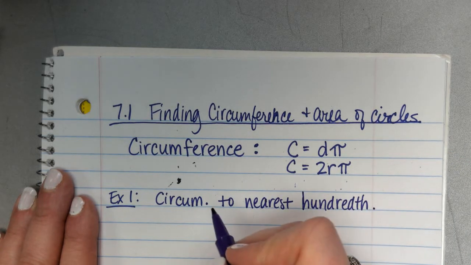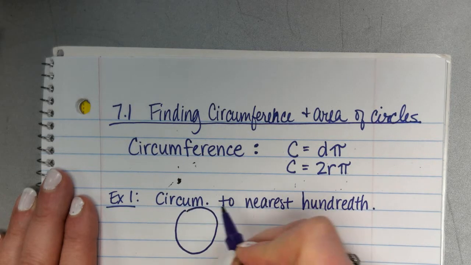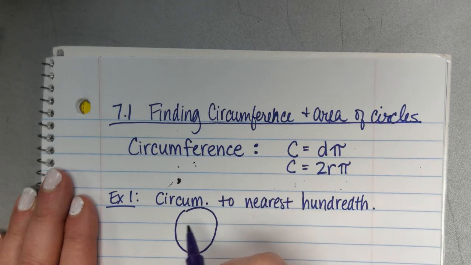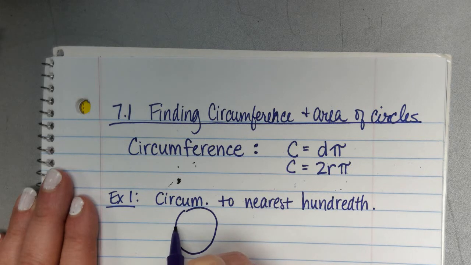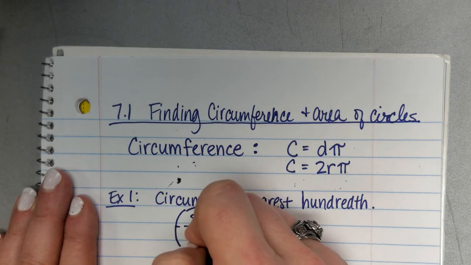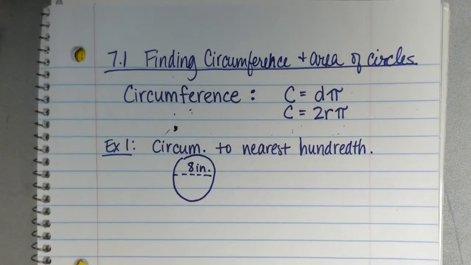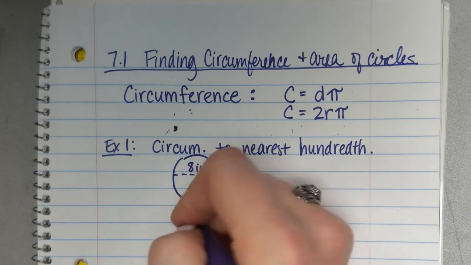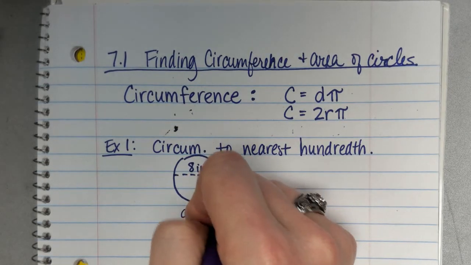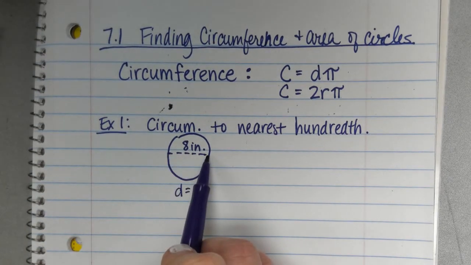So we have a circle. Circles are super fun to draw. Not really. Some people are really good at it. I'm not the best. And I'm going to give you this time the diameter, which is 8 inches. 8 inches is the diameter. So we can just put that down here. Diameter equals 8. You know it's the diameter because it goes all across the circle.